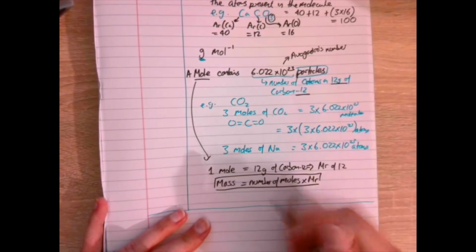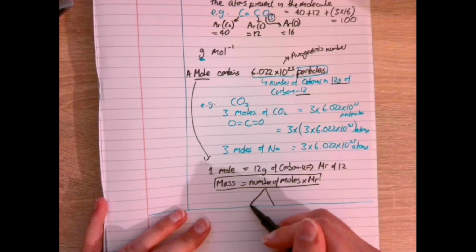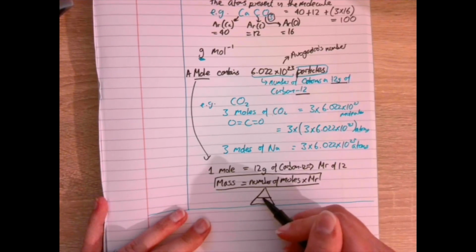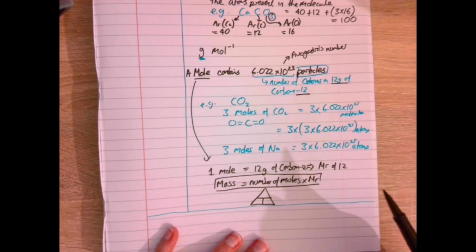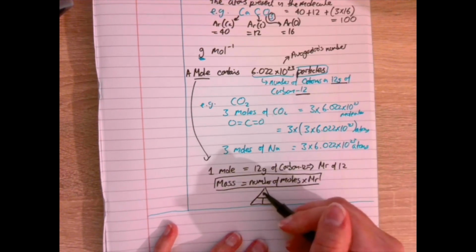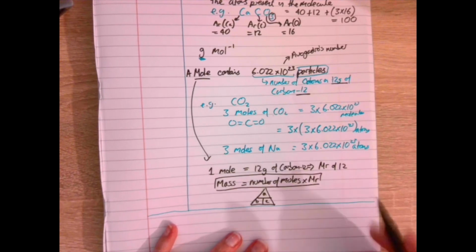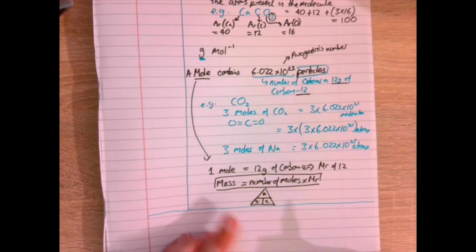Often we've seen it written in a formula triangle, and that can work too. The way in which I always remember it is if I label these A, B and C, and we can fill this in alphabetical order too.